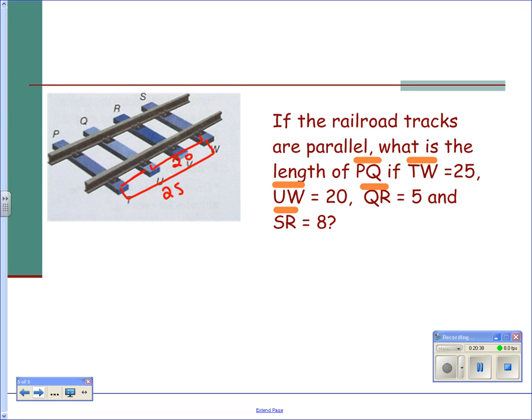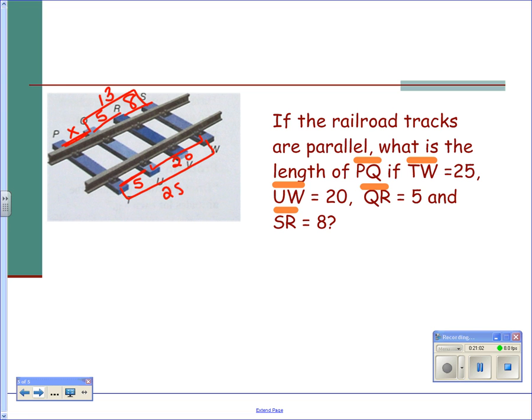So what does this part have to be? You with me so far? Okay. And then it tells us this is 5 and this is 8, right? So what is this whole thing? Does that make sense? And we're looking for this part right there.